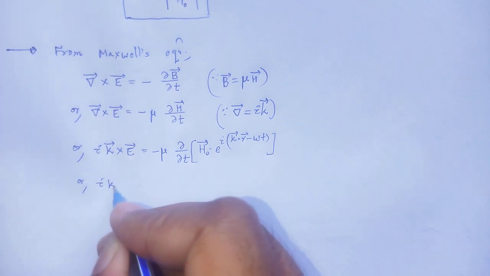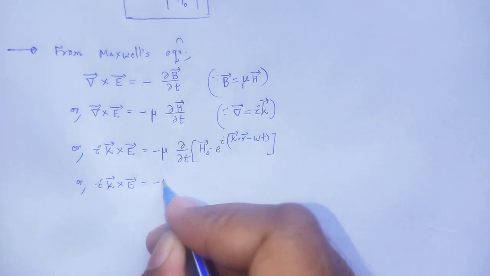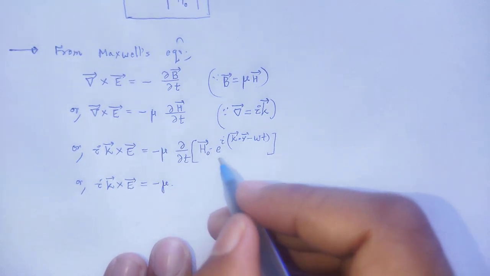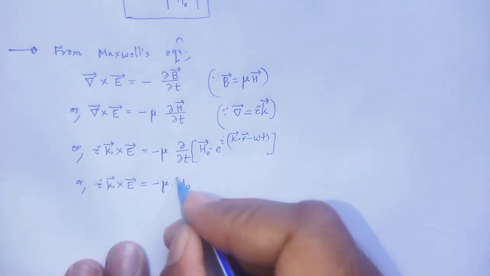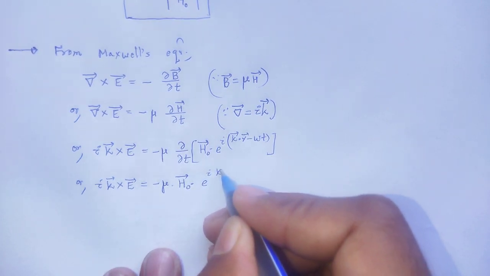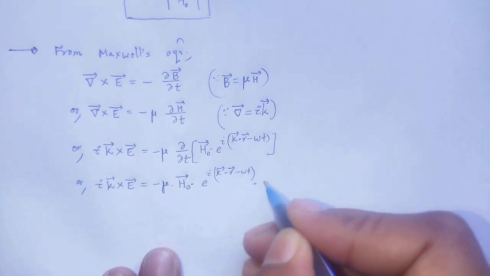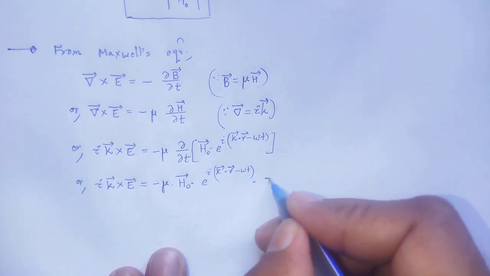i k vector cross E vector is equal to minus mu, its differentiation as H naught vector e to the power i k dot r minus omega t into minus i omega.